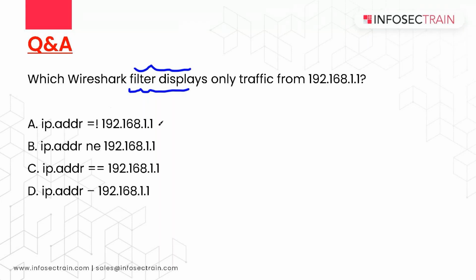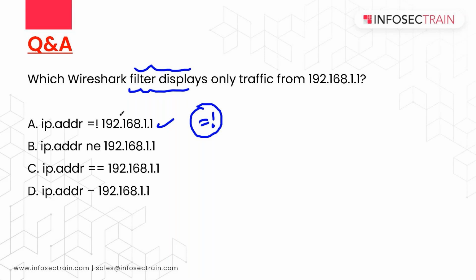So the option A we are having, in this we are using a single equal to operator, right? And after this, we are using this, which means that we are using a not equal operator.